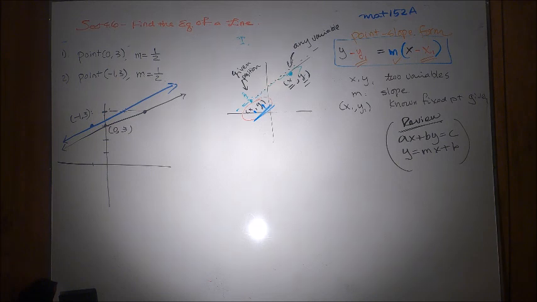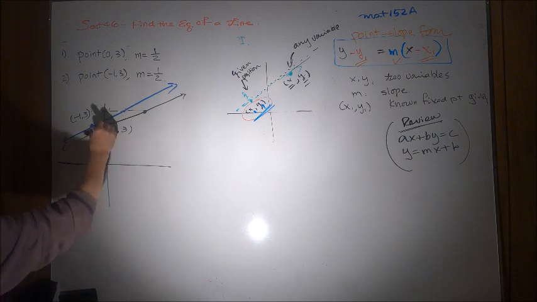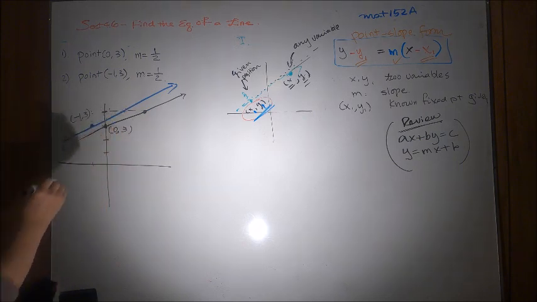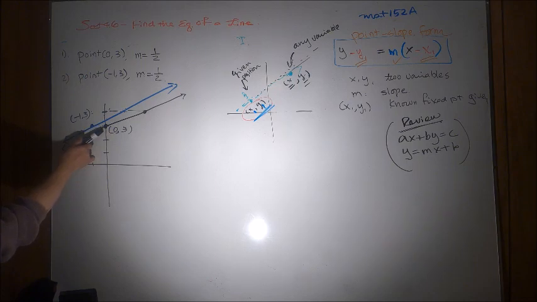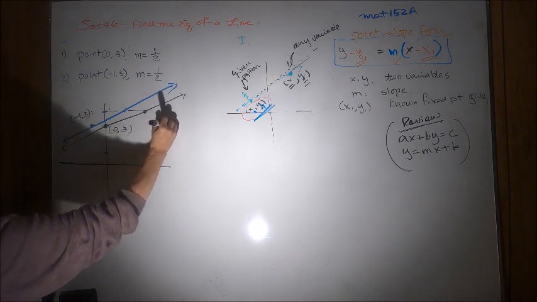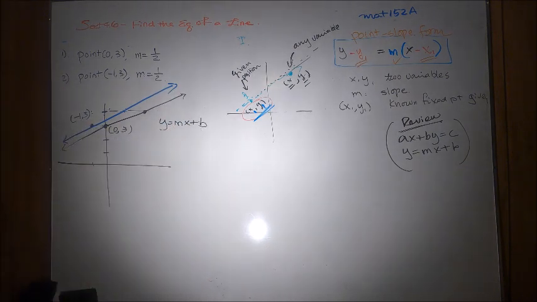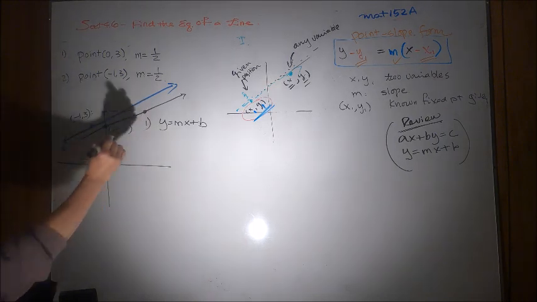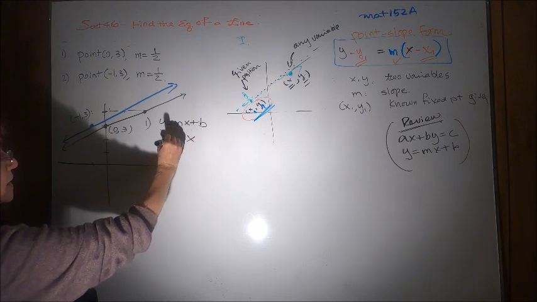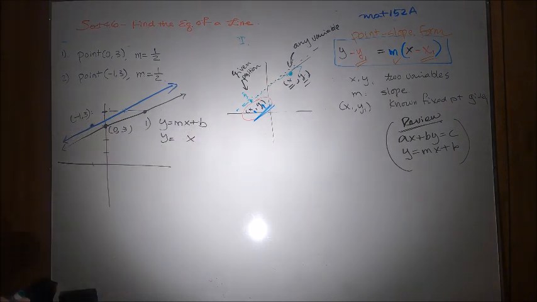So for the first one, I have a point here. What kind of point is this? That's the y-intercept, right? So if you have the y-intercept, can you just plug into this formula for the first problem? You keep your y and x, then what's your m?